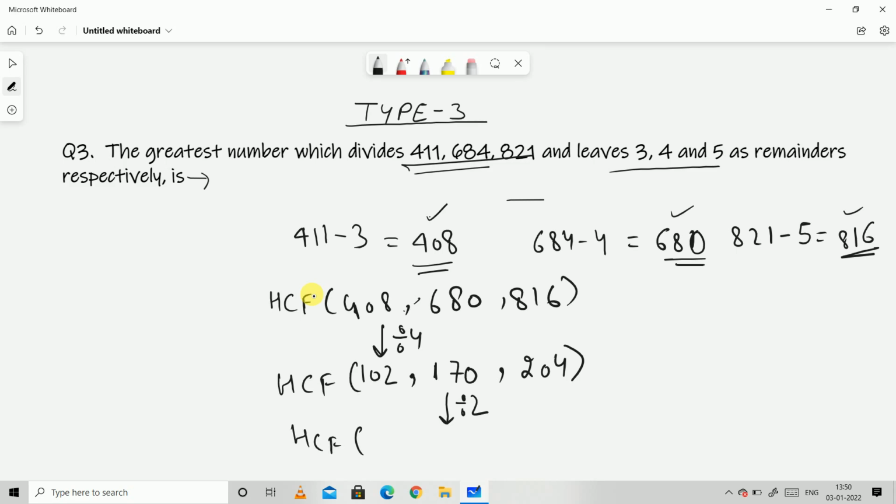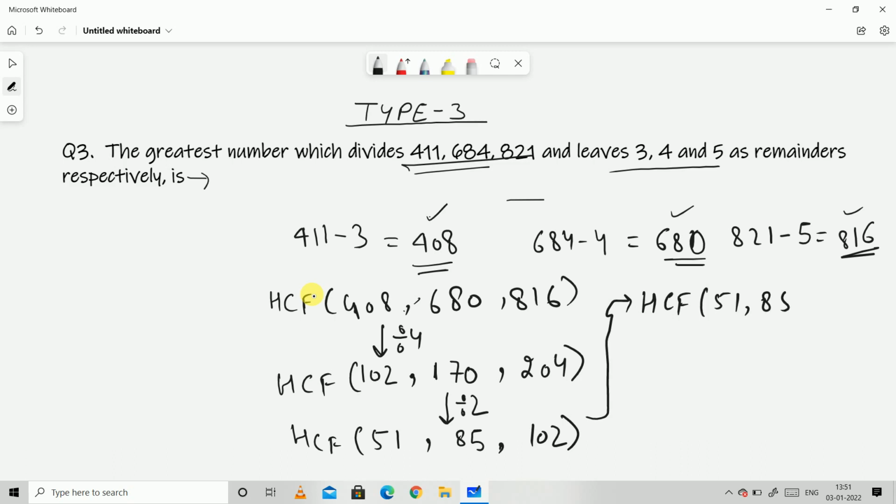So let's divide them by 2: 51, 85 and 102.